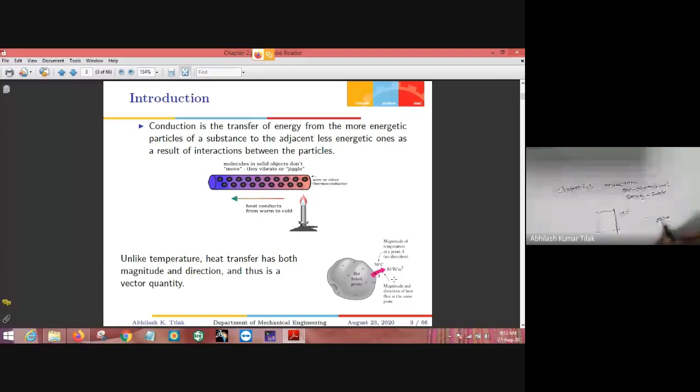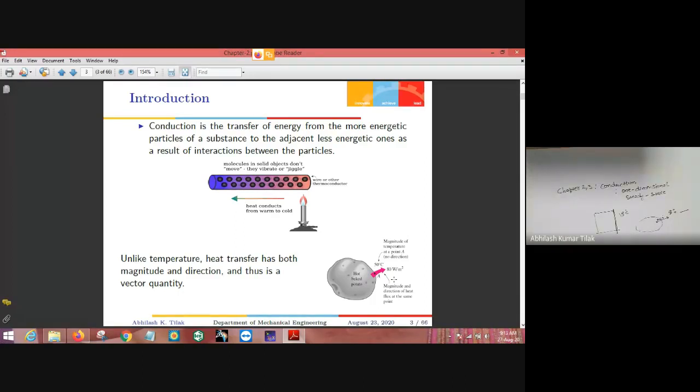So you need an idea about the temperature distribution of the body, and also the direction and magnitude of the heat transfer. The driving force for heat transfer is the temperature difference. The higher the temperature difference, the larger the heat transfer.